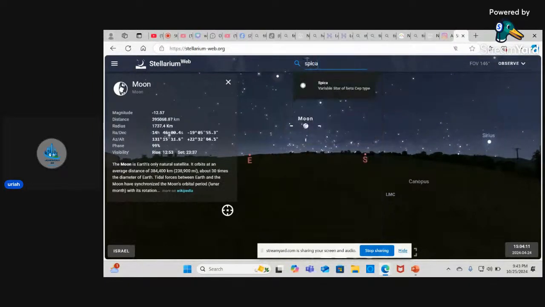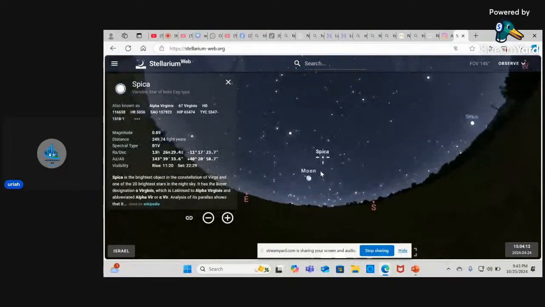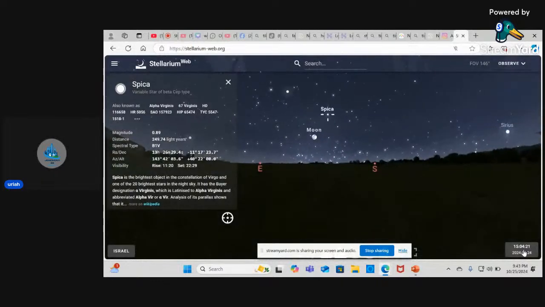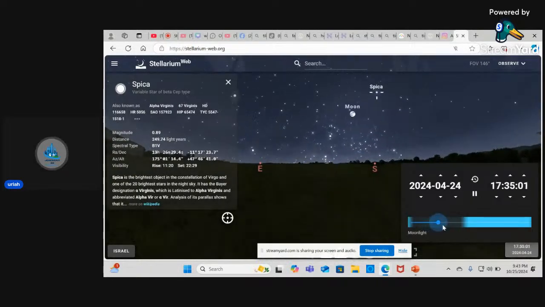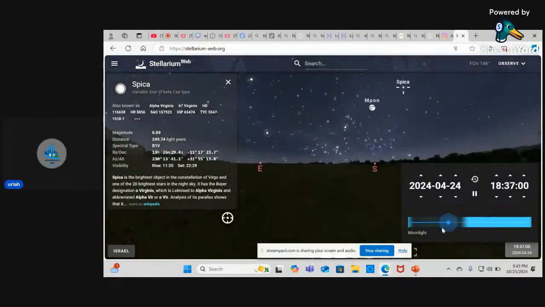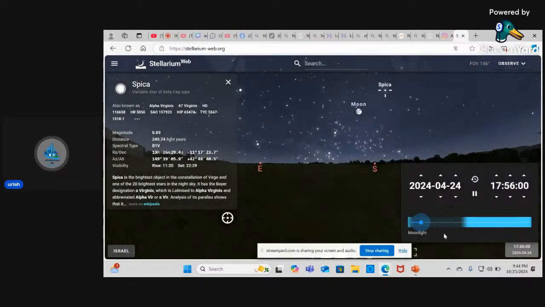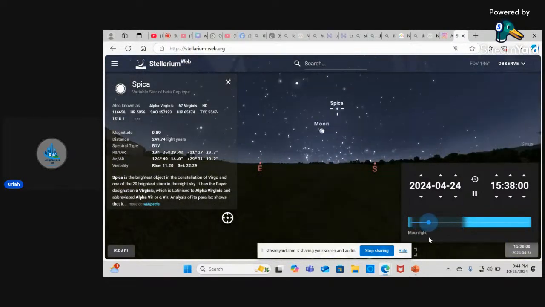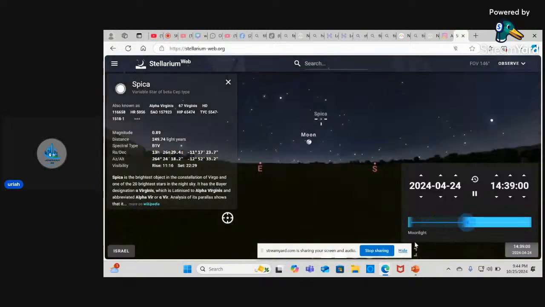Type in Spica. Same exact sign. Spica is leading the moon. Spica is leading the moon the whole night through, all through the night to the dawn on April the 24th. That was the first month of the year, April the 24th, for the first month of the year.